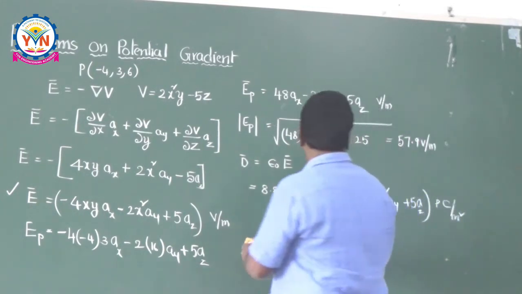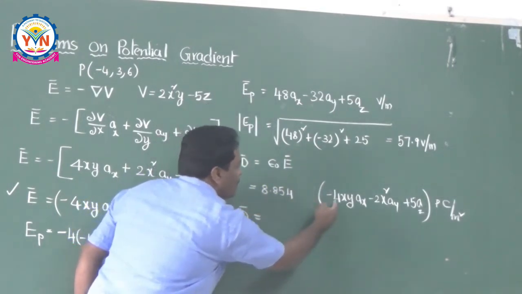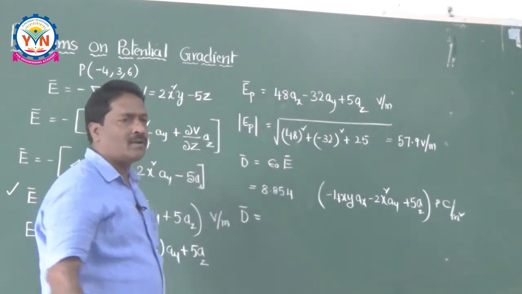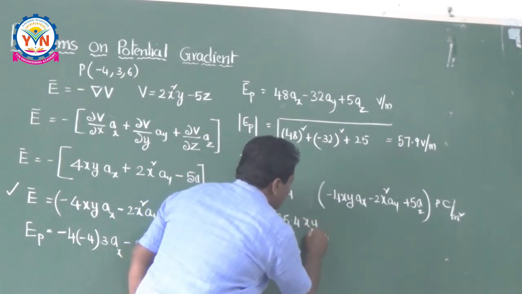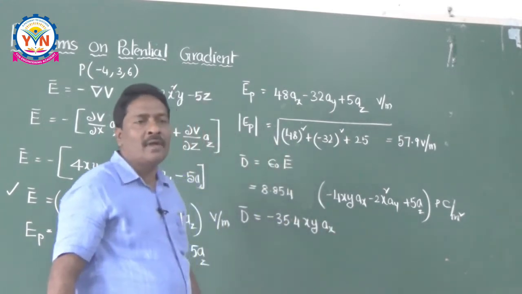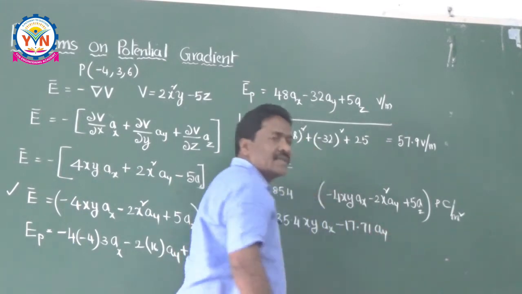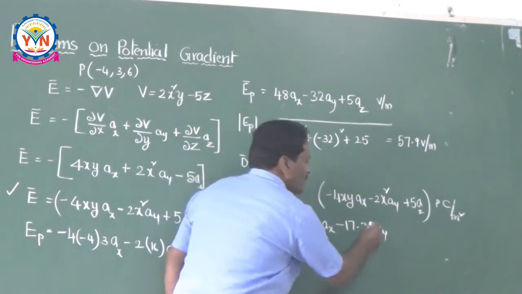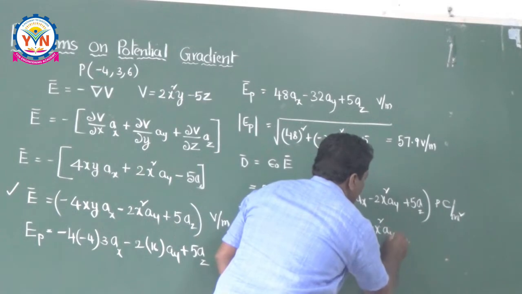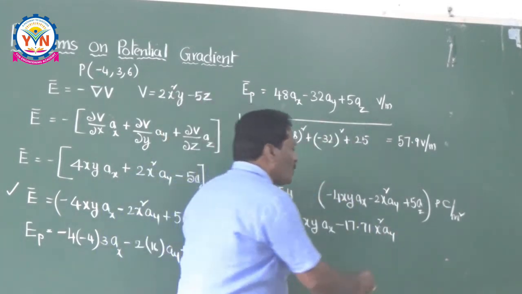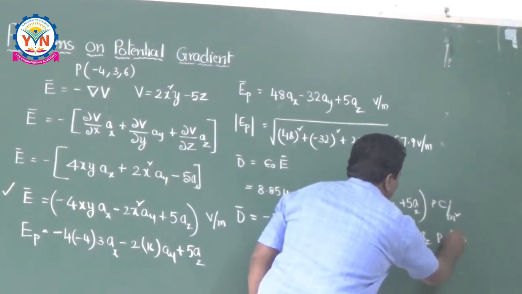Now I would like to give the result. After multiplying, D bar is equal to minus 35.4 xy AX, minus 17.7 x square AY, and plus 44.3 AZ pico coulomb per meter square.